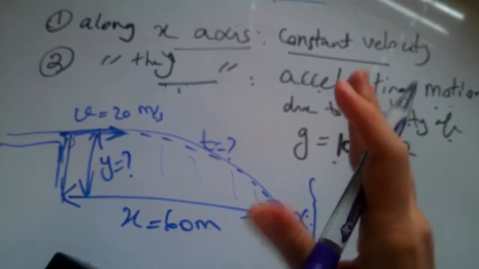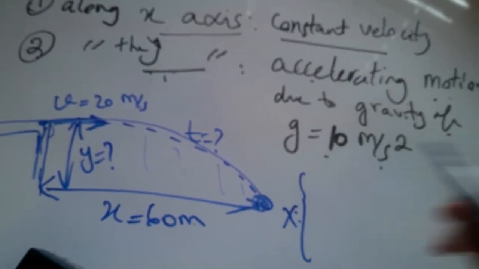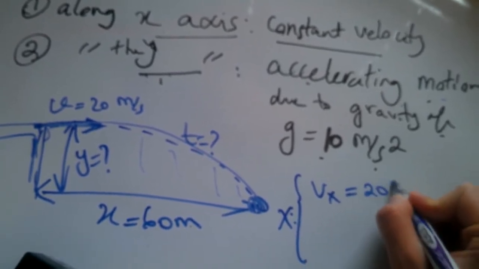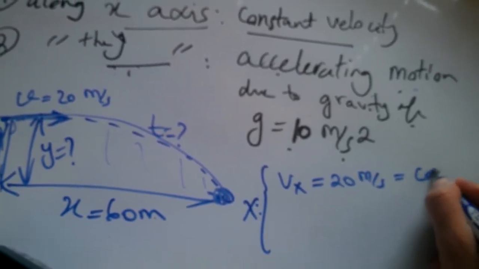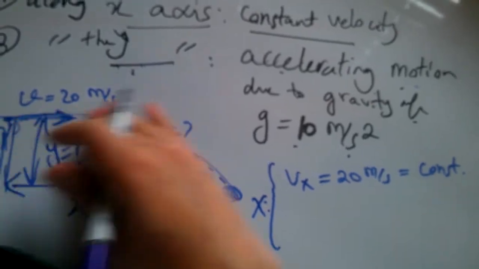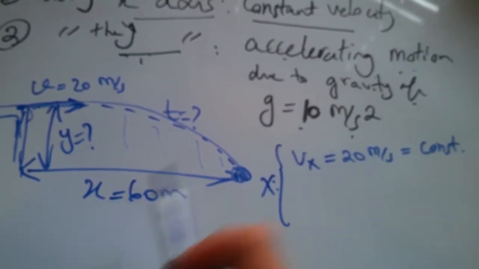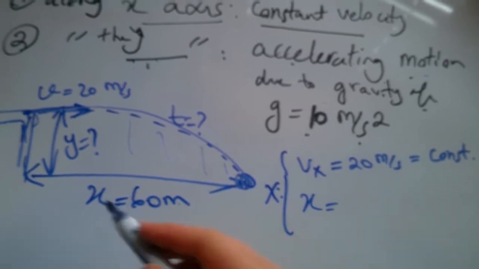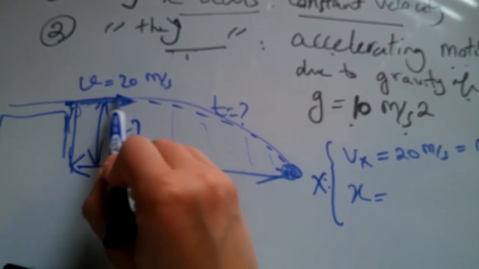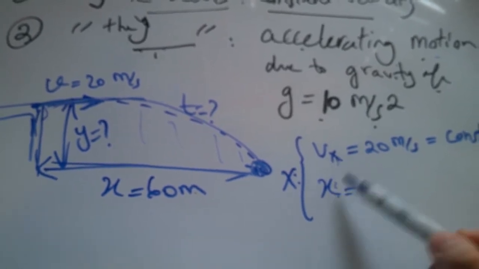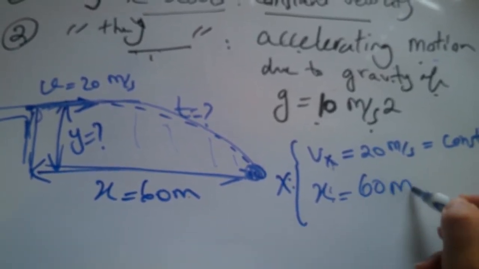X components separate from Y components. So Vx is 20 meters per second, and I know it's going to be constant for the whole motion. I also know where it hits the ground. This is horizontal, and this is also horizontal, so they go together: 60 meters.